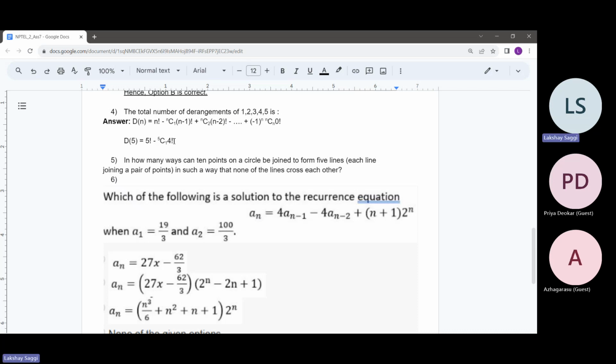So it will be 5 factorial minus 5 choose 1, 4 factorial plus 5 choose 2, 3 factorial minus 5 choose 3, 2 factorial plus, okay, maybe I should copy this since I'm getting stuck while writing.